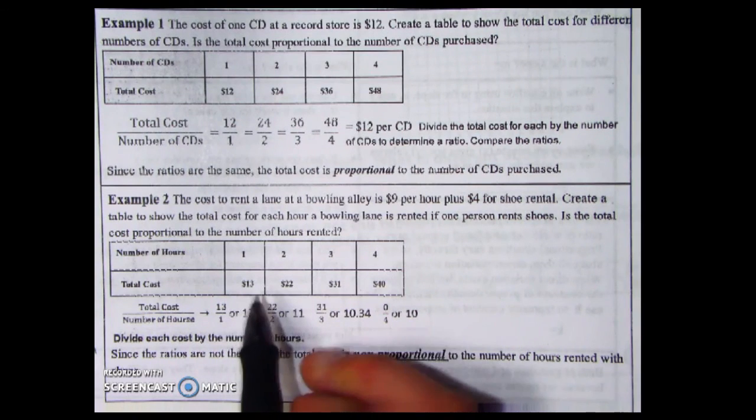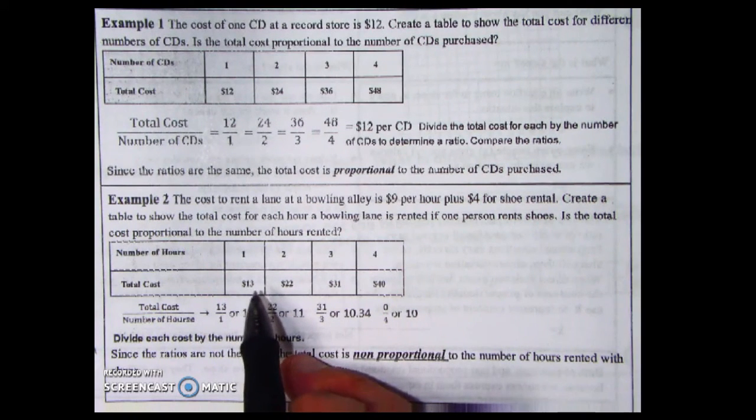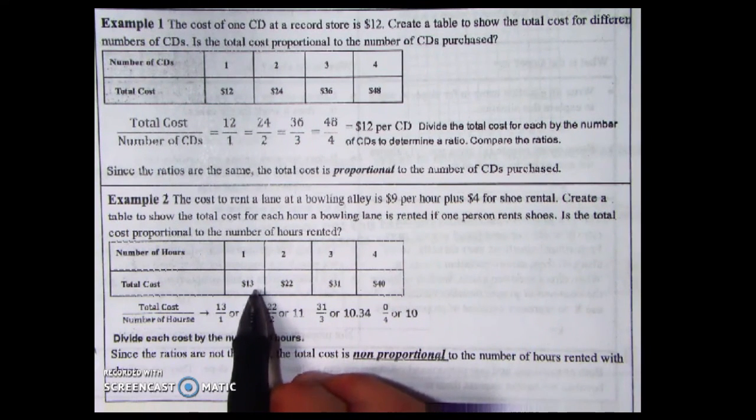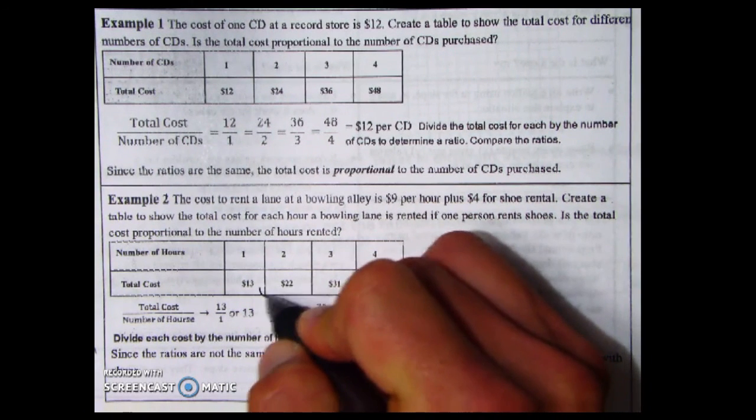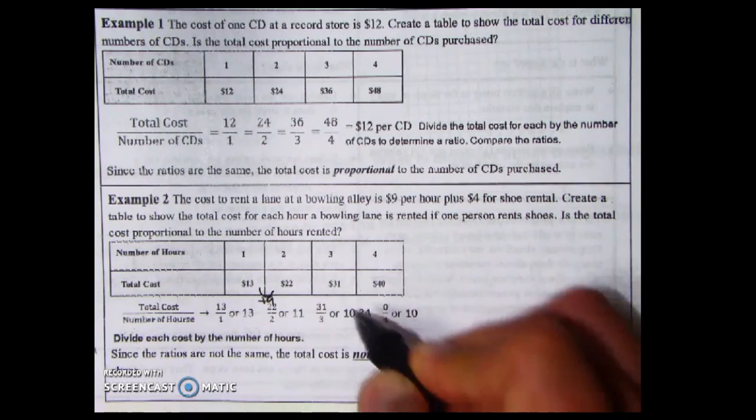So what's that $4 for? Does the $4 for shoe rental, do I pay that $4 for every hour or no? Just one time, right? It's a one-time thing. So what's the difference between the 13 and the 22? Elena? So if we look at this, doesn't it go up by 9?